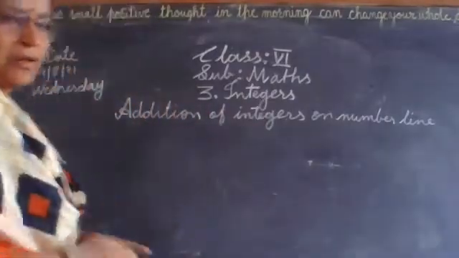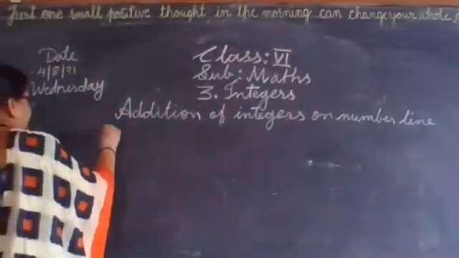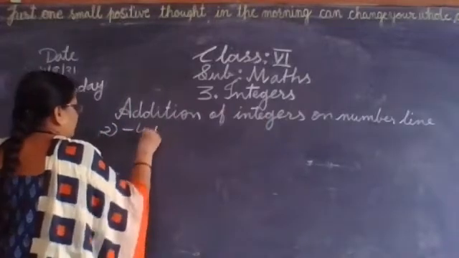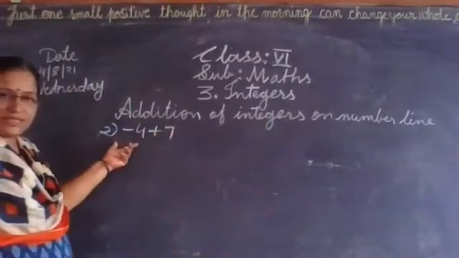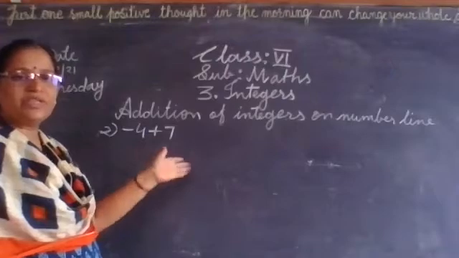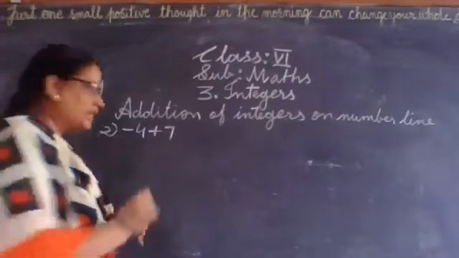Second is -4 plus 7. Okay, now see beta. One integer is negative, another is positive. So we need both positive and negative integers.